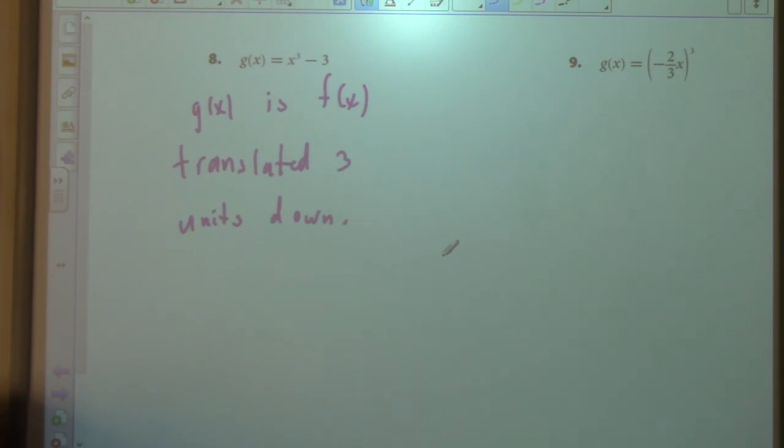I want you to look at number 9. I'm going to call on somebody in a minute. Before I do that, I'm going to break this out of parentheses. If you take negative 2/3 cubed, what's negative 2/3 cubed going to be?